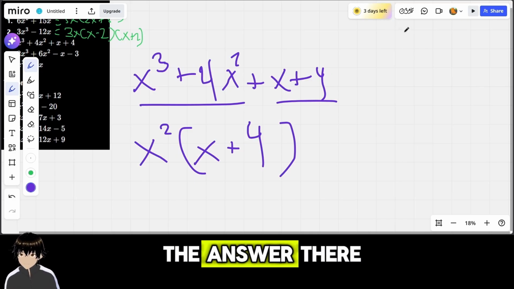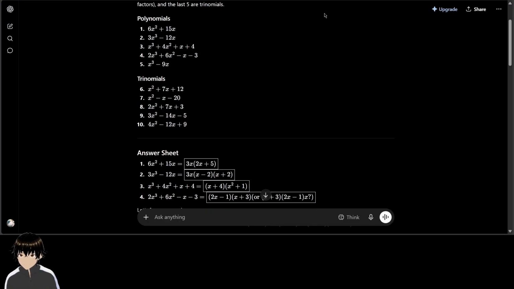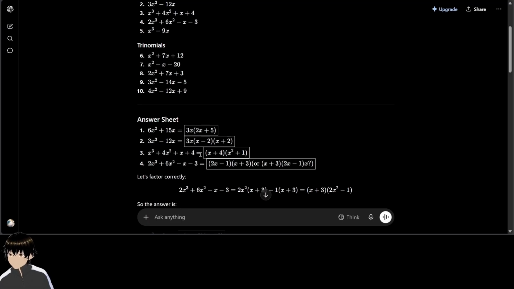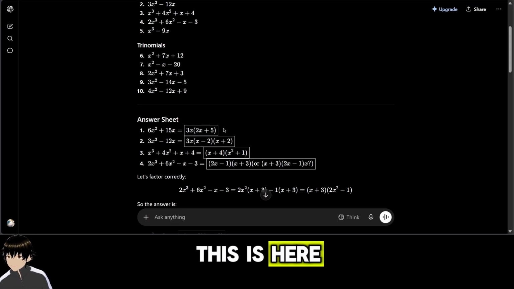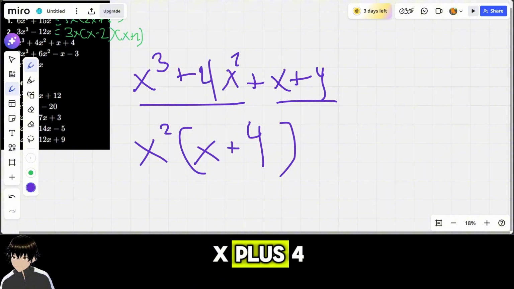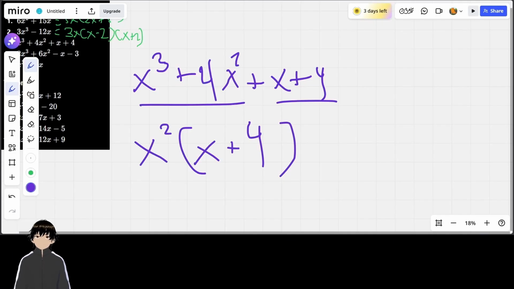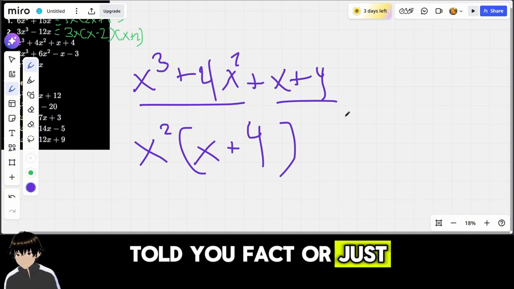How did they get the answer there? Because it says here x plus 4. We have x plus 4, but we don't have x squared. So how do we factor this?